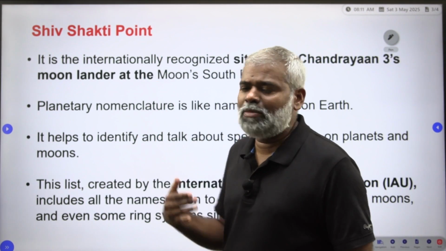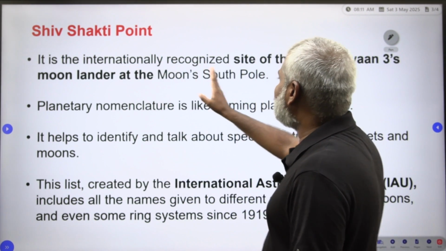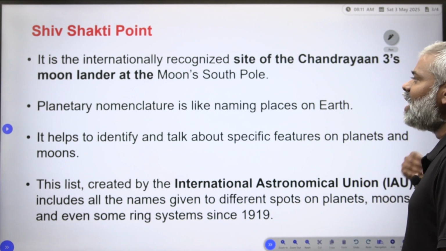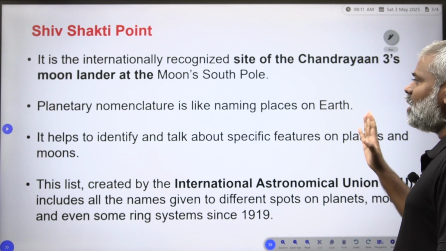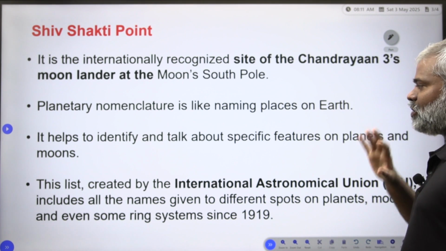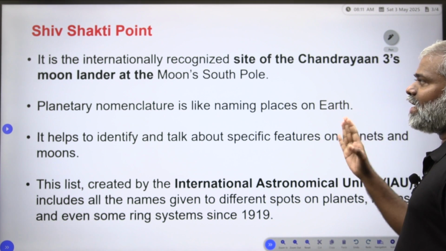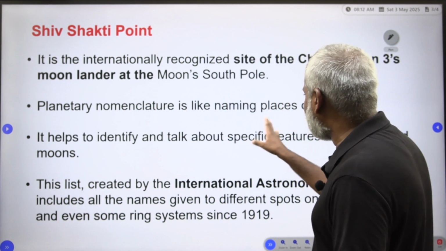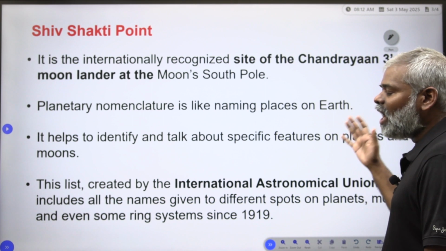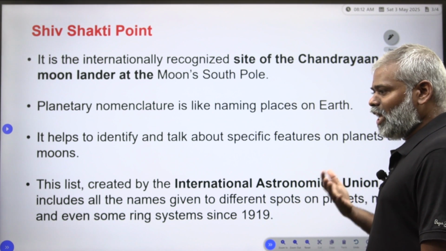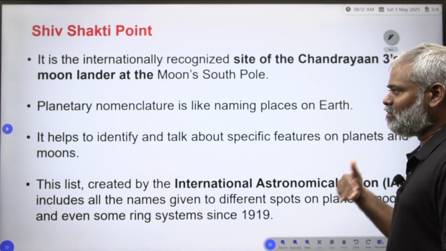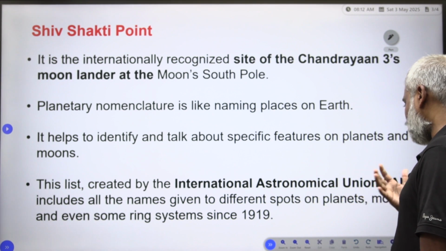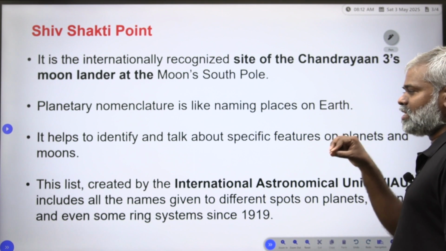What is the Shiva Shakti point? It is the internationally recognized site of Chandrayaan 3's moon lander at the moon's south pole. The planetary nomenclature is like naming places on the earth. Just as we name places on the earth, the International Astronomical Union also names places elsewhere.